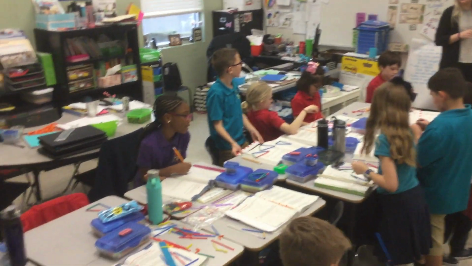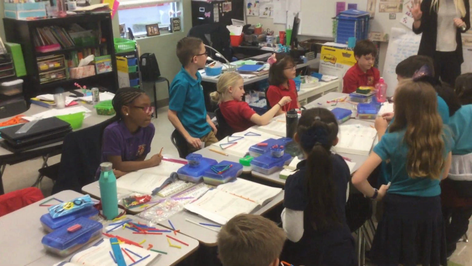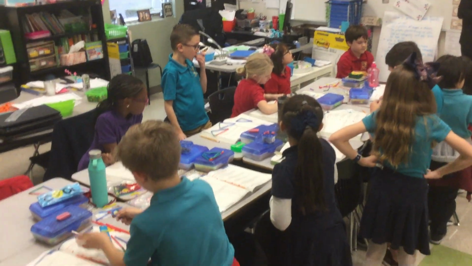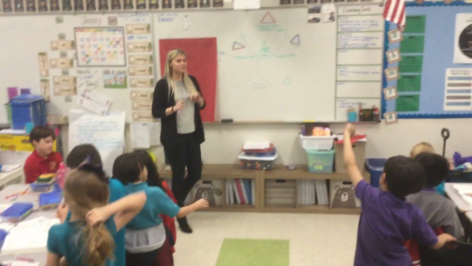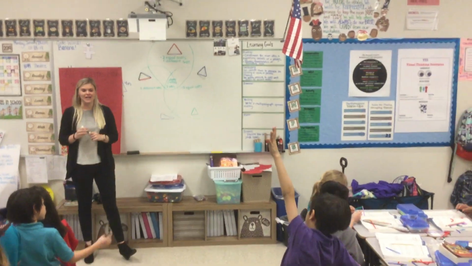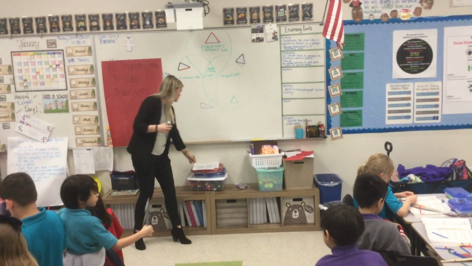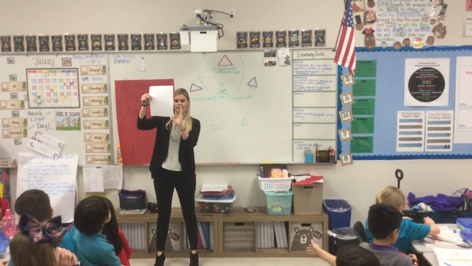The question was, do they all have 90-degree angles? Okay, so pay attention to Talon's question. Do they all have 90-degree angles? Good question, Eliza. Who knows what a 90-degree angle is? Yosef. Right angle? A right angle. So if you look at a piece of paper, this is the right angle.